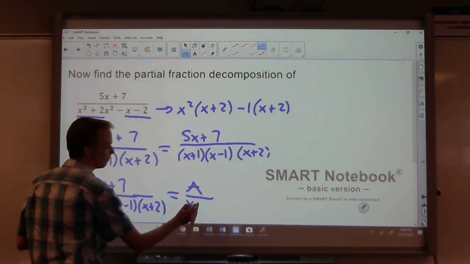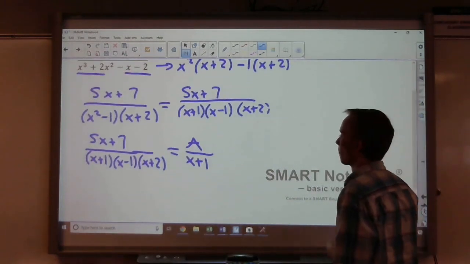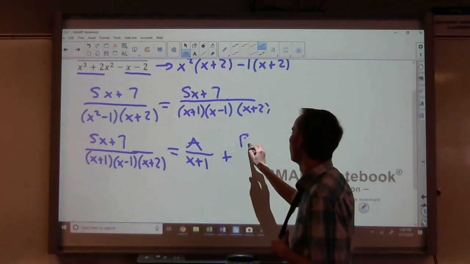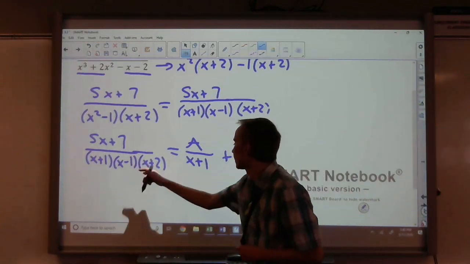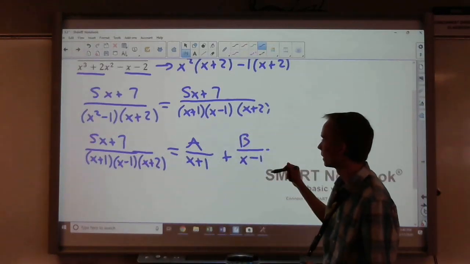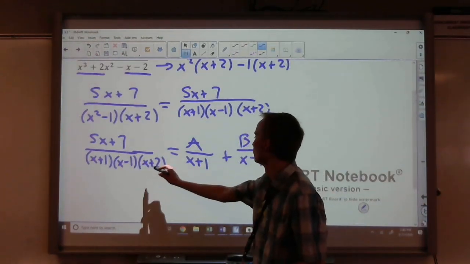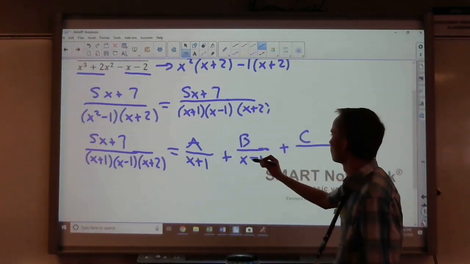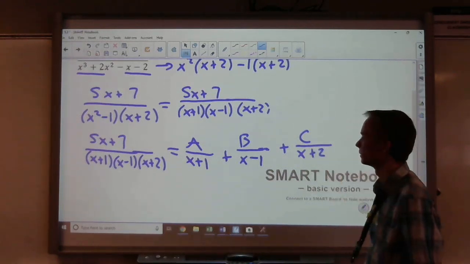So it would be a number divided by x plus 1, plus another number divided by my second factor, x minus 1. Right? There's no repeated factors, so I don't have to do anything weird here. Okay? And then my third factor, a number divided by x plus 2.